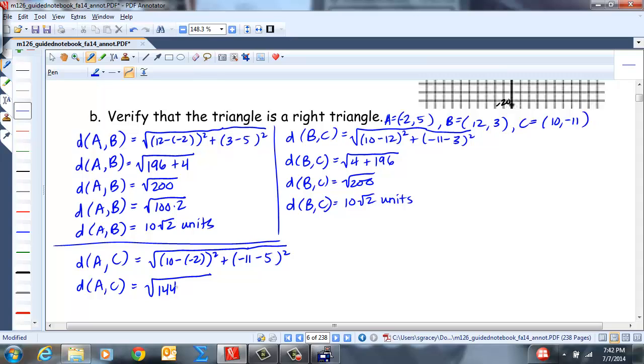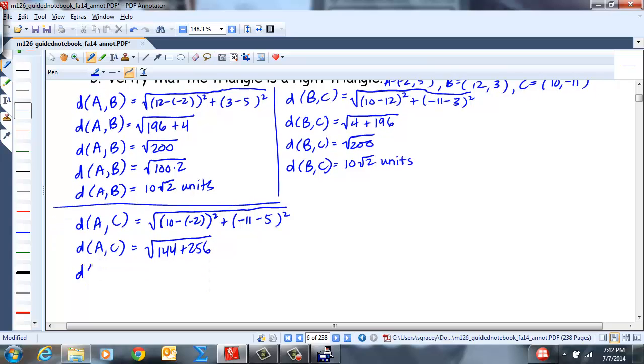And then -11 minus 5 is -16, and -16 squared is 256. So the distance between A and C is the square root of 400, which is 20 units. Good so far? So now we have the calculations that we needed.